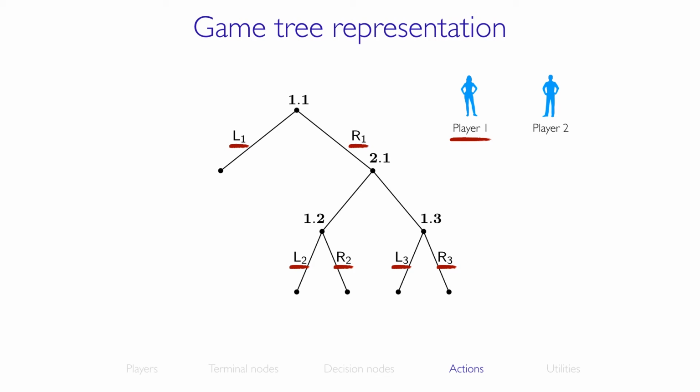Notice that each action is associated with a different label, as in the case of the decision nodes. Instead, the actions of player 2 are only lowercase l1 and lowercase r1. Finally, each leaf is associated with a vector of real numbers, providing the utility the player receives once such a leaf is reached. The first number in the vector is, by convention, the utility of player 1, while the second number is the utility of player 2.